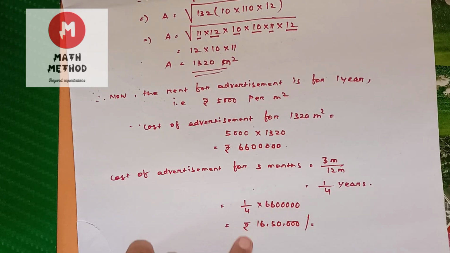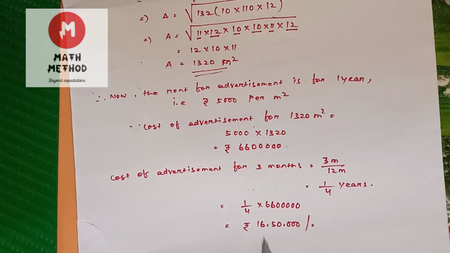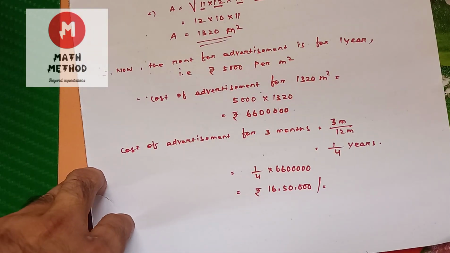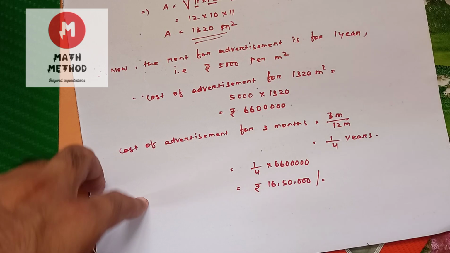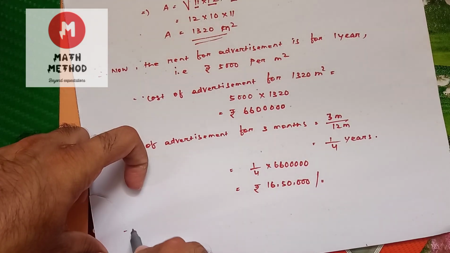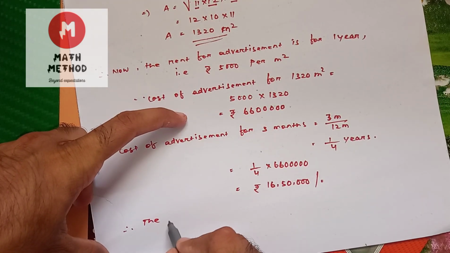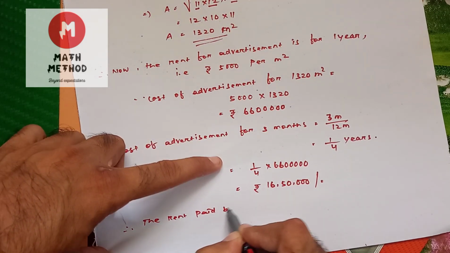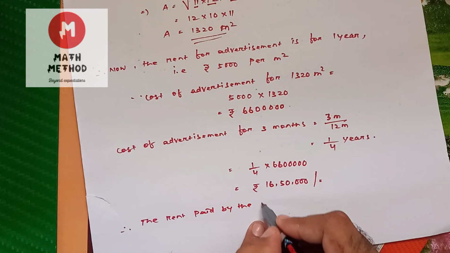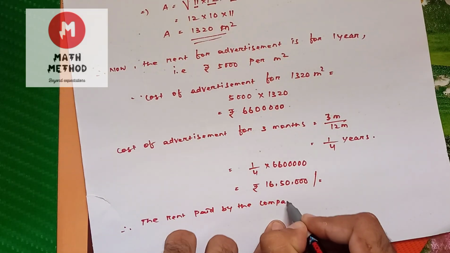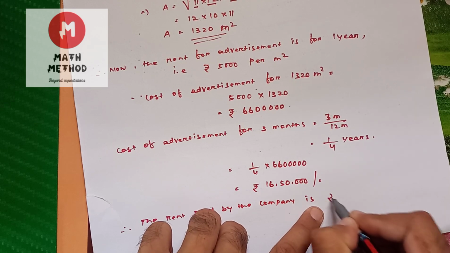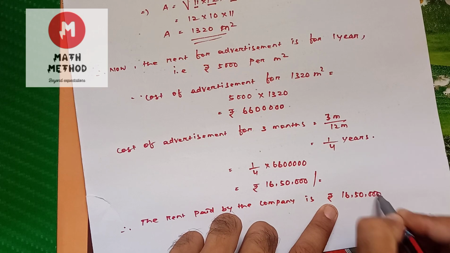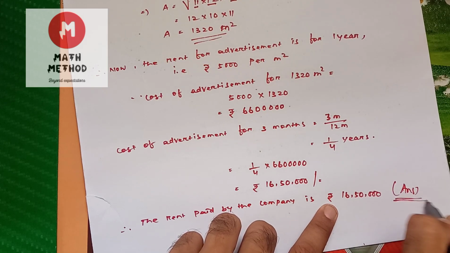Clear? Therefore the rent paid by the company is rupees 16 lakhs 50,000 is our answer. Clear?